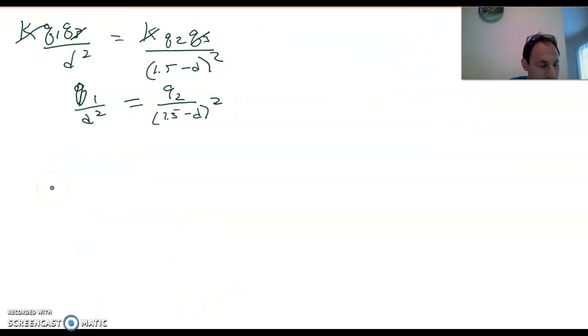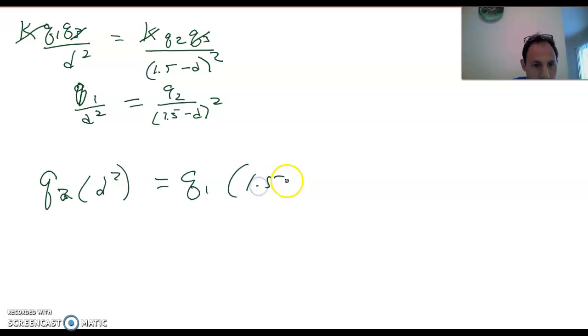Okay, so let's substitute for Q1. Q1 is 3. Actually, you know how I feel about substituting before we rewrite the equation, right? So let's do Q2 times D squared equals Q1 times 1.5 minus D squared.